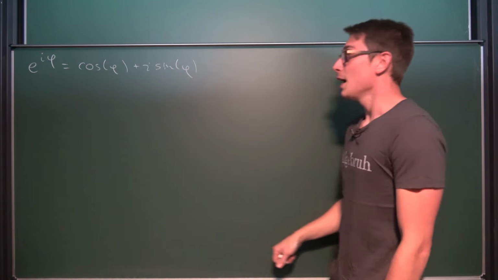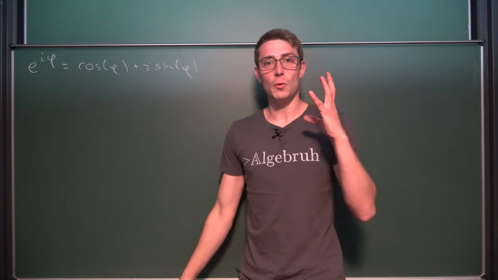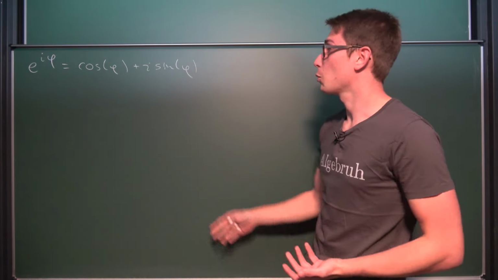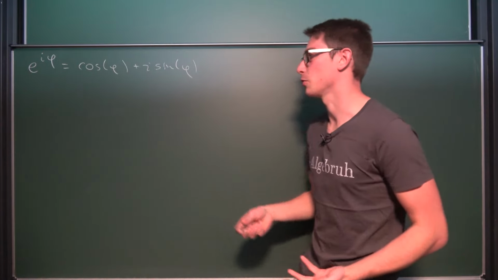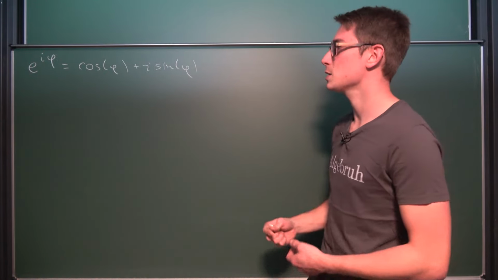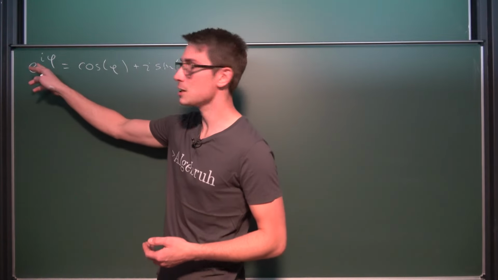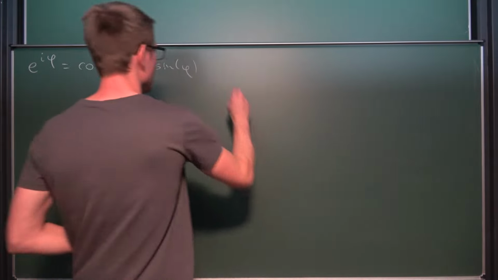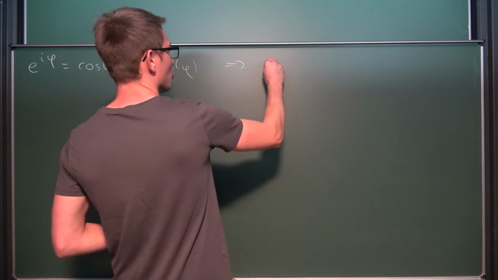And here's the idea where the whole proof basically comes from, or where the function is going to come from, which we are going to differentiate, turn into a differential equation, you could say. What we are going to do is multiply both sides by the multiplicative inverse of e to the i phi, namely e to the negative i phi, resulting overall in 1.